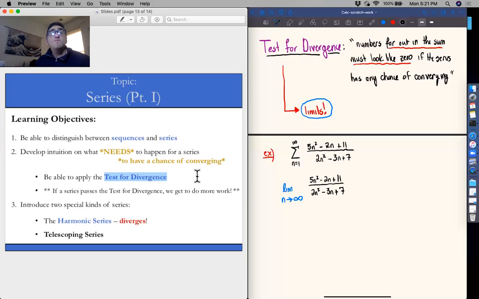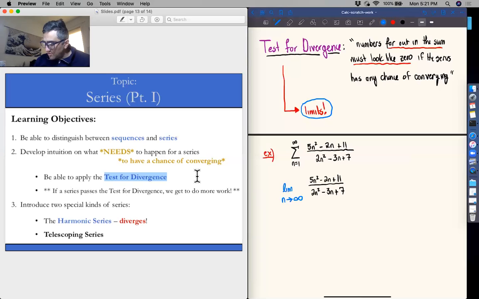We need to evaluate this limit. If this limit is anything but 0, the series automatically diverges. If it's 0, though, we get to do more work. So let's see what this limit turns out to be.